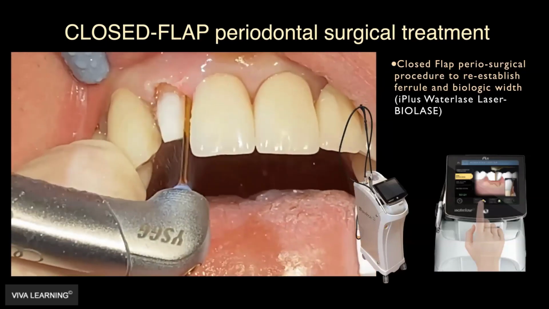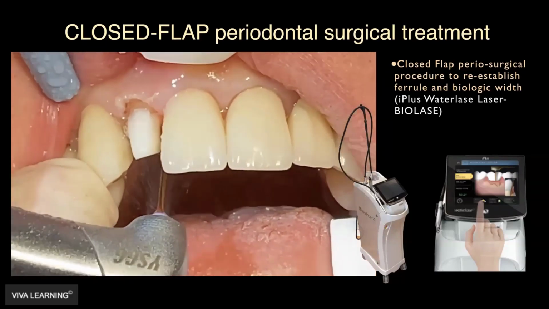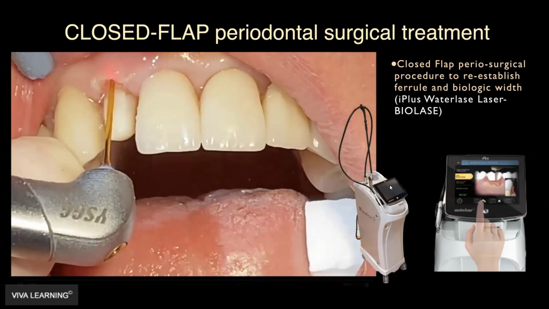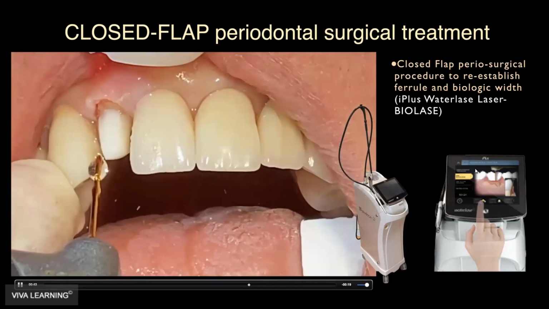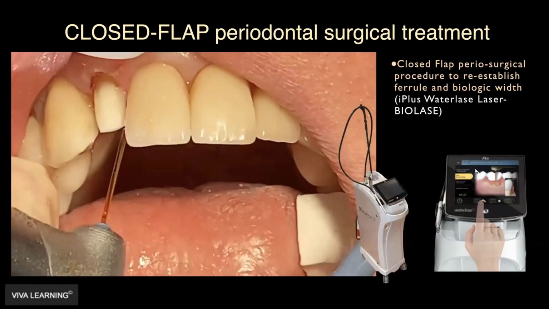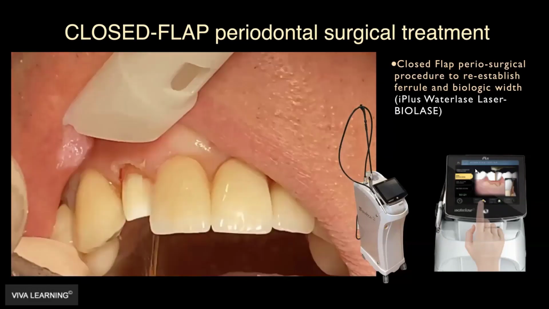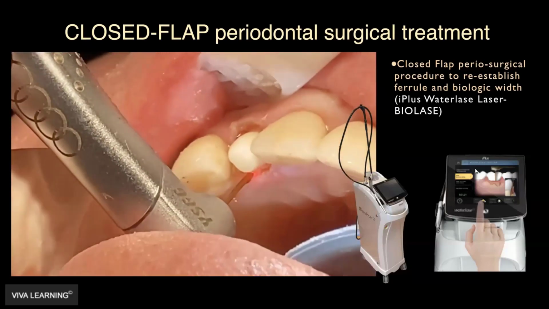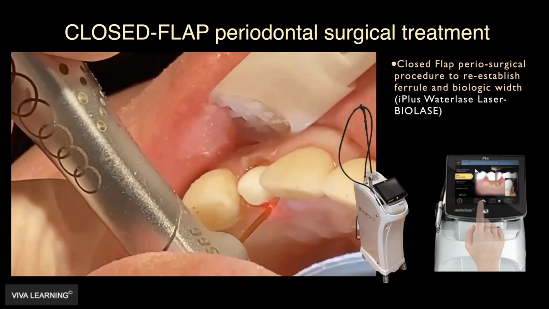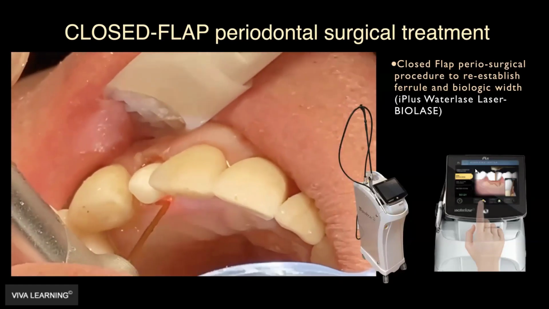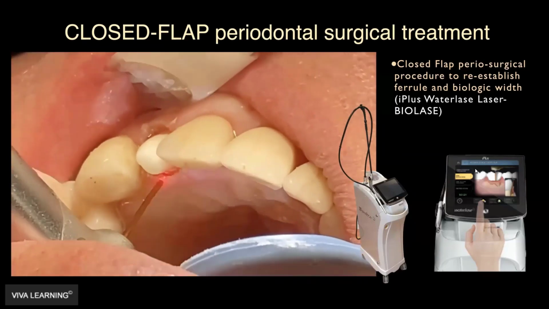The nice thing about the I+ is that it's already dialed in. You don't have to know about wattage or power or anything like that. There are all of these icons here. And say if you're doing a gingivectomy, it'll show you a rapid mode, a smooth mode, and then tissue-plasty. And then you just go down the list there. Or if you're doing a closed flap, you're going to have a gingivectomy, and then you have an ostectomy, which is removal of bone for the closed flap, and then a bone plasty and a tissue plasty.